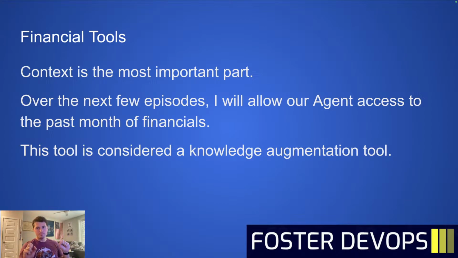This tool is considered knowledge augmentation. So the knowledge augmentation is giving our agent extra knowledge, giving it the ability to read my financials and start bucketizing things and understanding how we should develop what our tool will do.